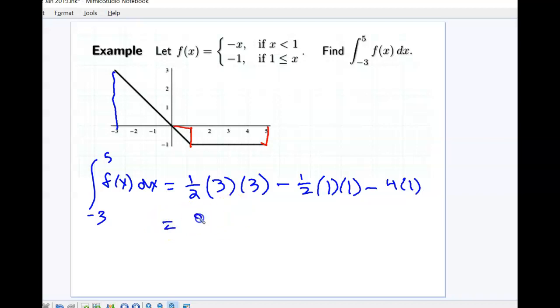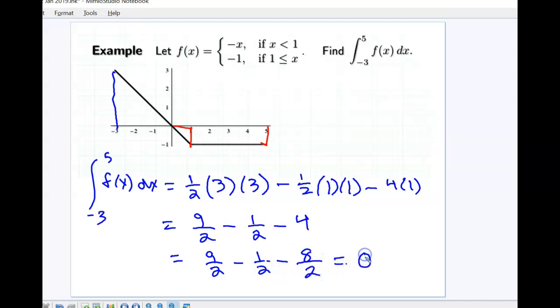So this ends up being 9/2 minus 1/2 minus 4. If I change 4 to halves, it is 8/2. And this works out that my net area is 0.